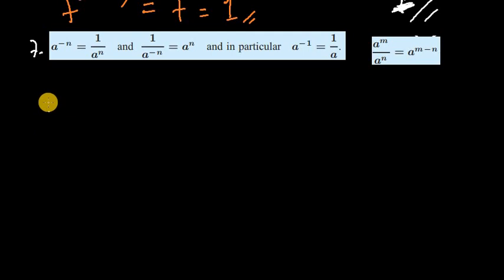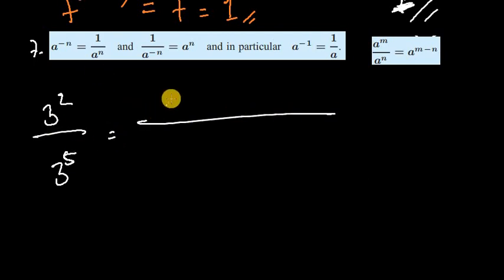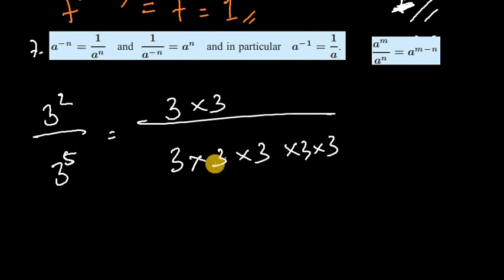let's say we have 3 to the power of 2 over 3 to the power of 5. We will end up with 3 to the power of 2, which is 3 times 3, over 3 to the power of 5, 3 times 3 times 3 times 3 times 3. 5 times: 1, 2, 3, 4, 5.